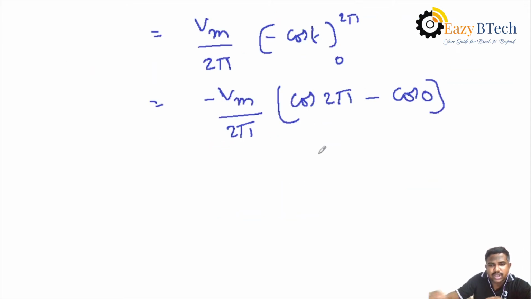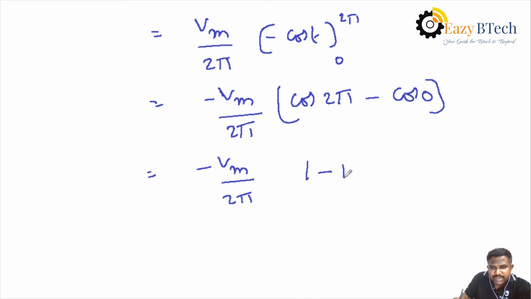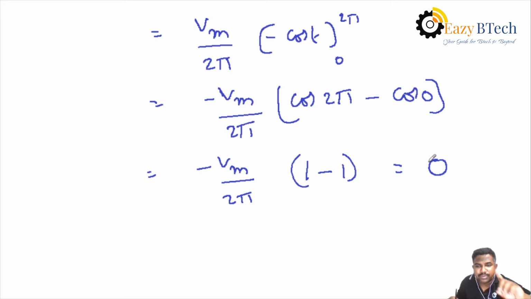What is the value of cos 2 pi? That is plus 1. Therefore, minus Vm by 2 pi, cos 2 pi is 1 and cos 0 is 1, so 1 minus 1 is 0. The average value of the periodic waveform over a complete cycle is 0.